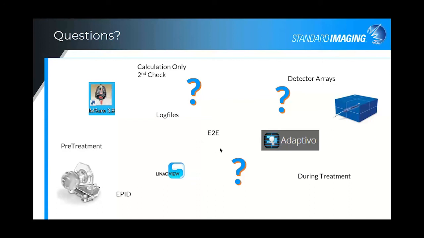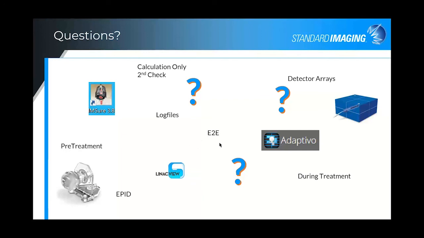Let's see, hello, Hyder. How do you identify whether the problem in the plan is due to deviation or due to dose computational algorithm errors? So I'm not sure which component this question is associated with.